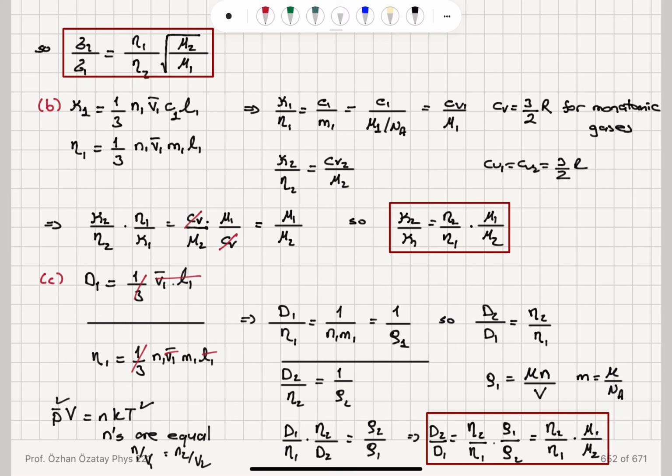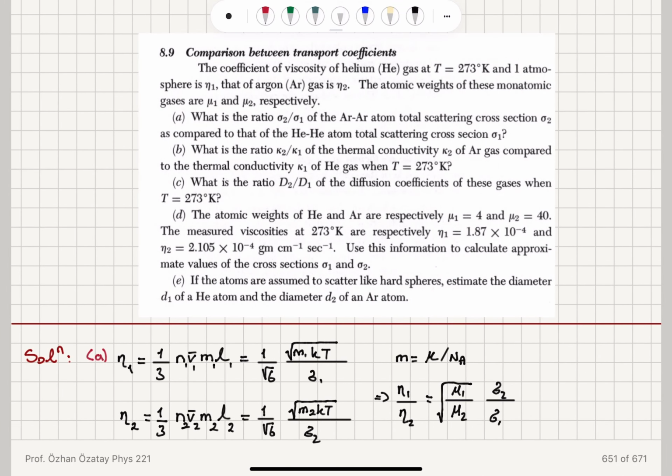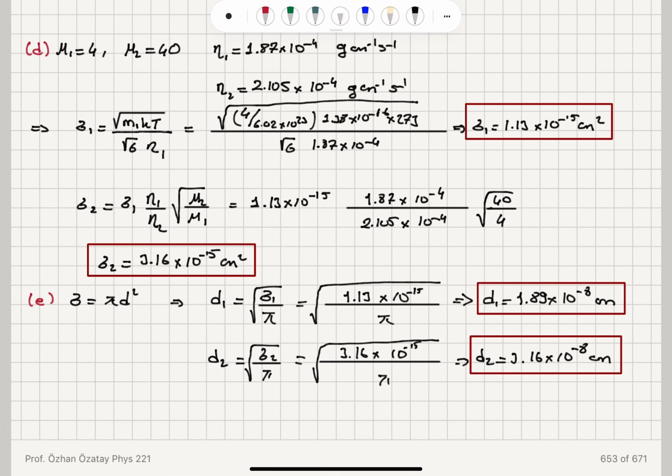Now, in part D, we have the atomic weights, 4 and 40, and we have the measured viscosities. We use this information to calculate the total scattering cross-section. The first one is square root of m1 kT over square root of sigma eta 1.